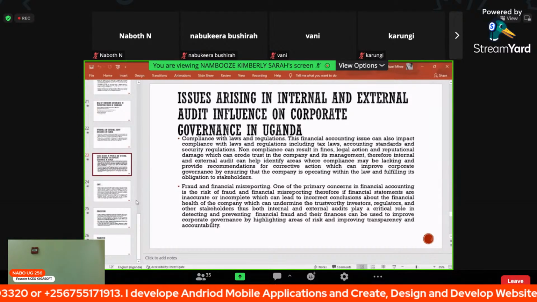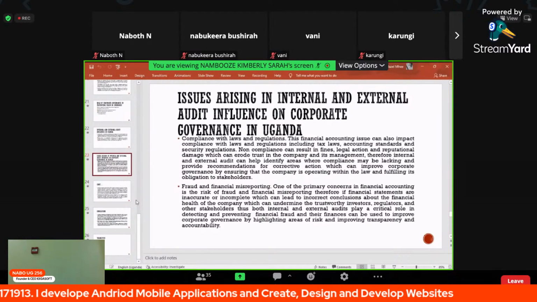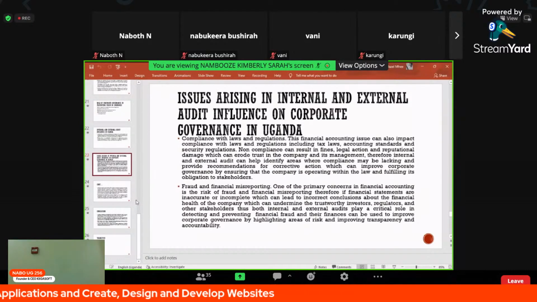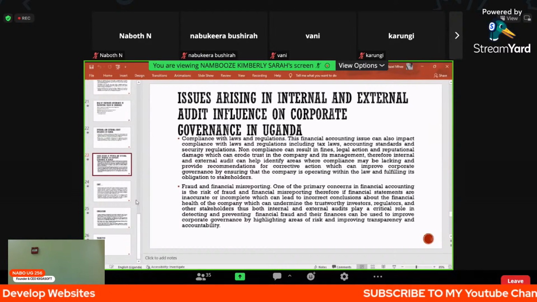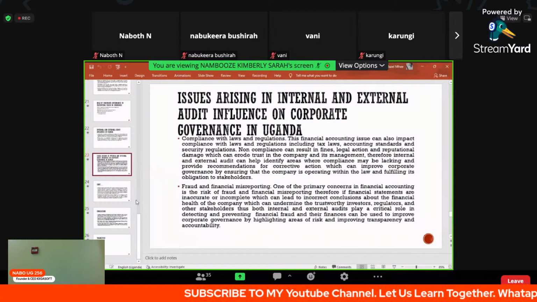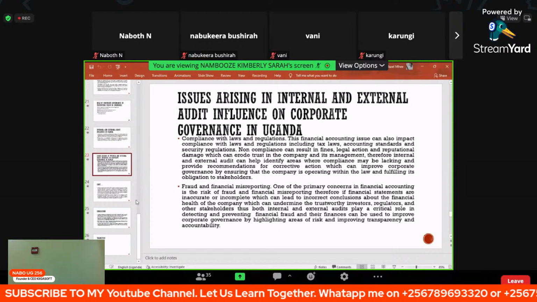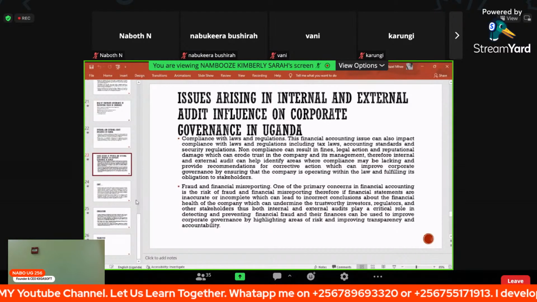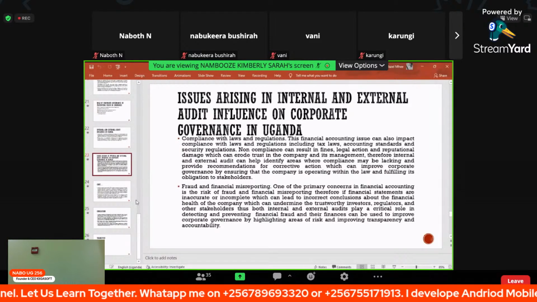Therefore, internal and external audit can help to identify areas where compliance may be lacking and provide recommendations for corrective action, which can improve corporate governance, ensuring the company is operating within the law and fulfilling its obligations and standards.